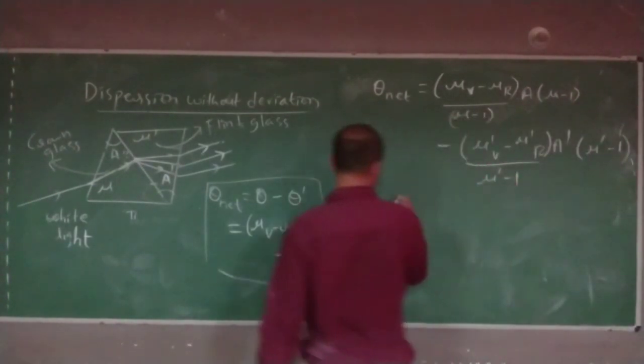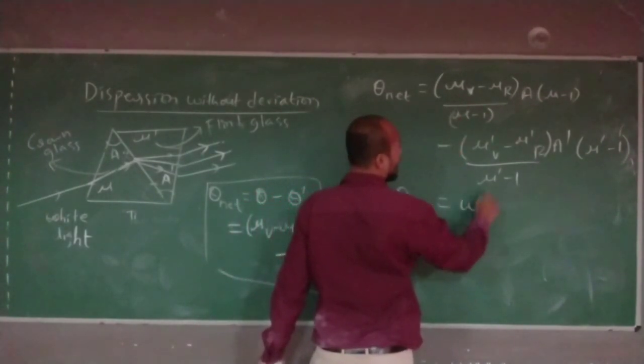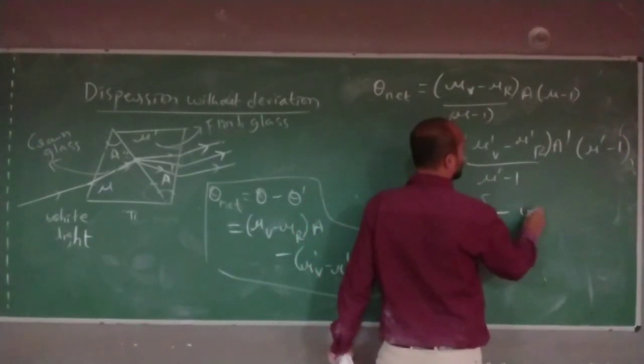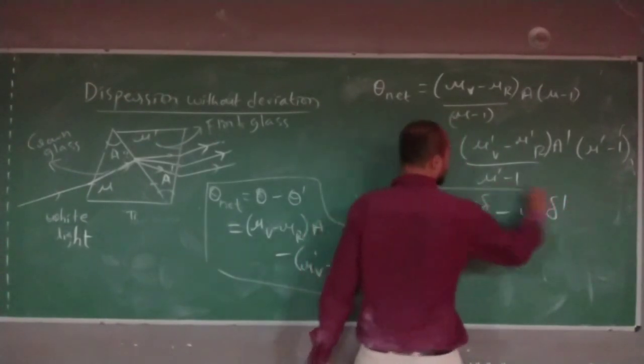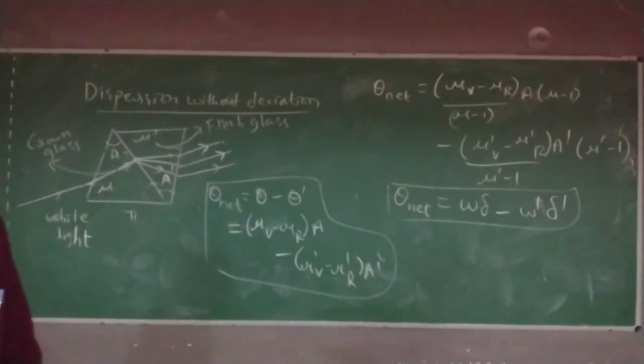So I can write theta net as omega delta minus omega dash delta dash. This is the expression for dispersion without deviation. This is what I was trying to find. You can even write it in terms of refractive index. No problem. What now?